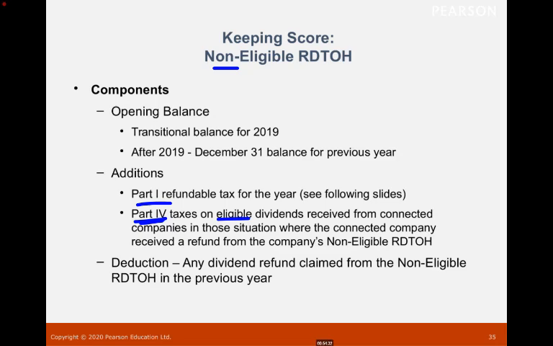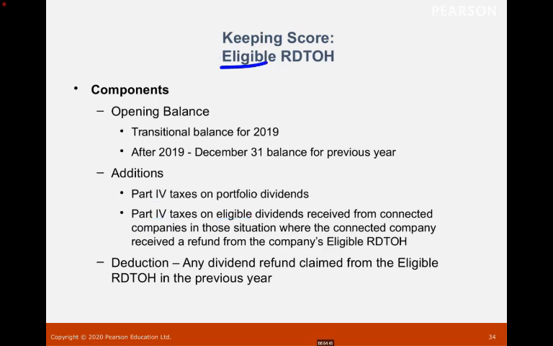I want to just highlight for you guys here, this is the difference. Right? Refund on non-eligible, refund from eligible. That's the difference here.